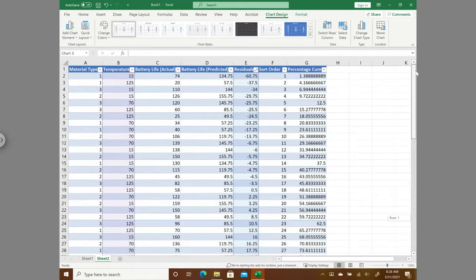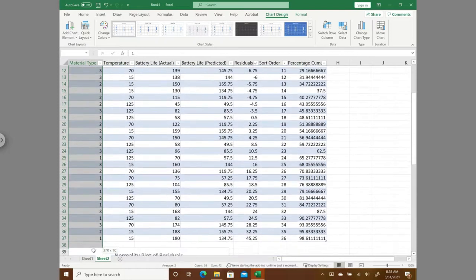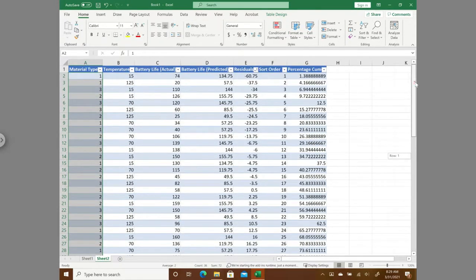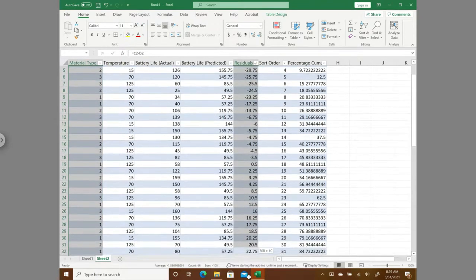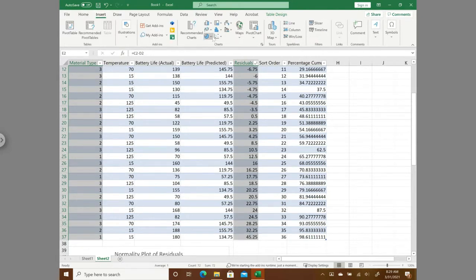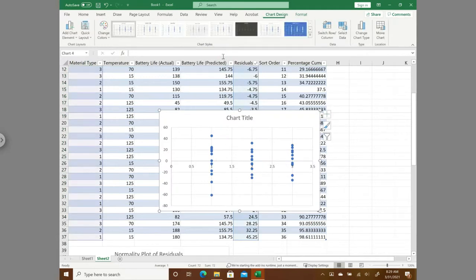Now the last chart that I want to make is the material type versus residuals. Exactly the same procedure. You select the two columns, material type, press and hold the Control key, and residuals. Insert, scatter plot.